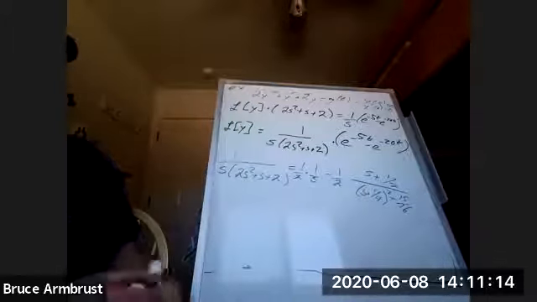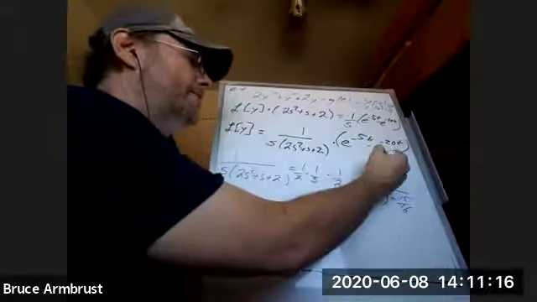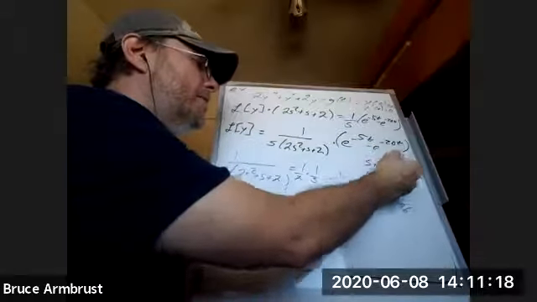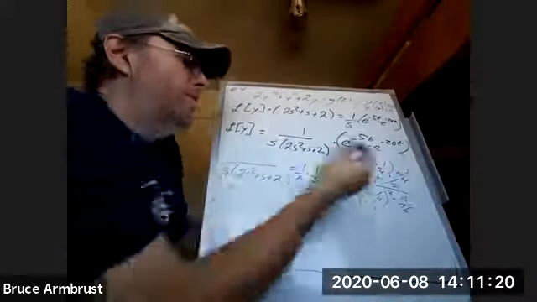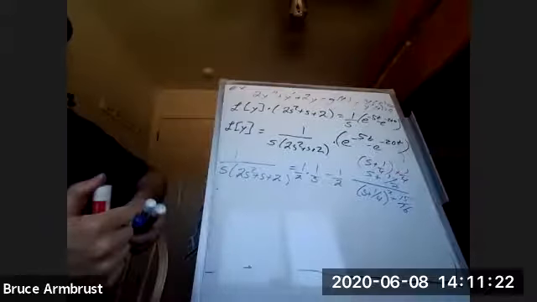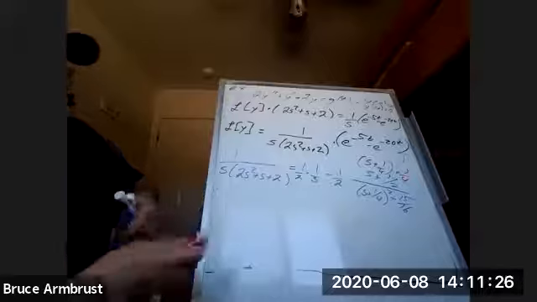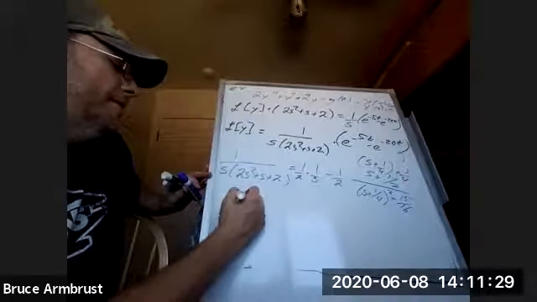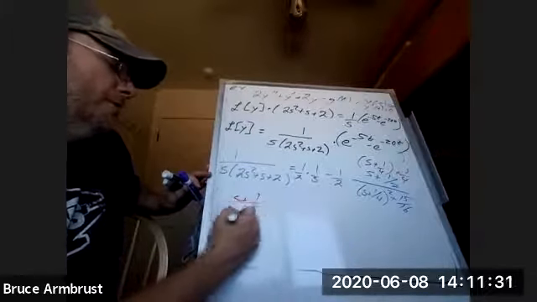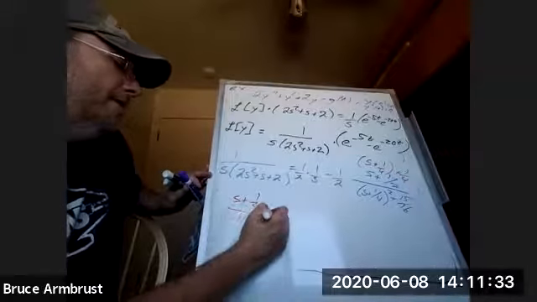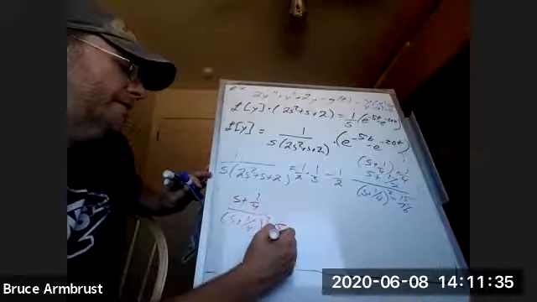Because this s plus 1/2, we could actually write as s plus 1/4 plus 1/4, which means we can break that into 2 different pieces. One of them is s plus 1/4 over s plus 1/4 squared plus 15/16.